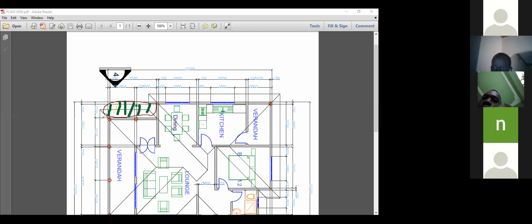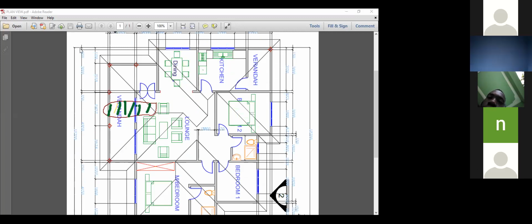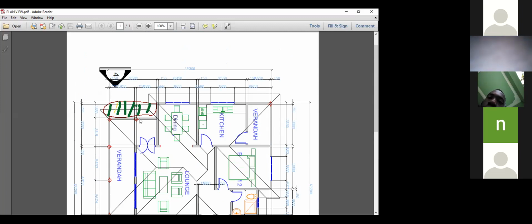As you can see, this area is a void. It's not part of the plan. But when I come to read my plan, I'll just take this 12,300, which starts from here up to this side, and on this side I'll take this 12,700, which also starts from here to this side. So it is important that I am able to deduct this section, right? We call this a void. When we start taking off, we shall look at it.